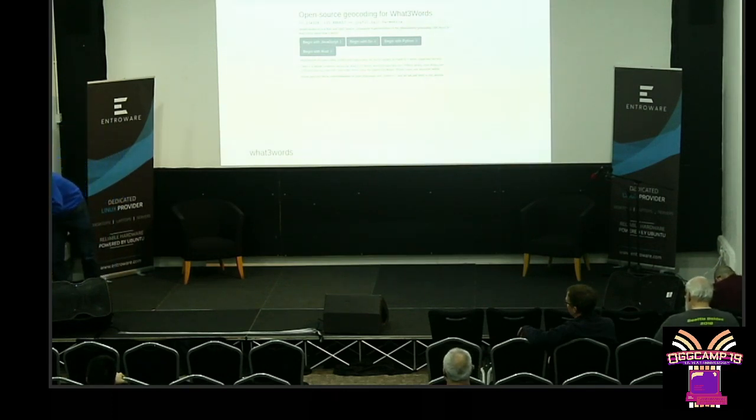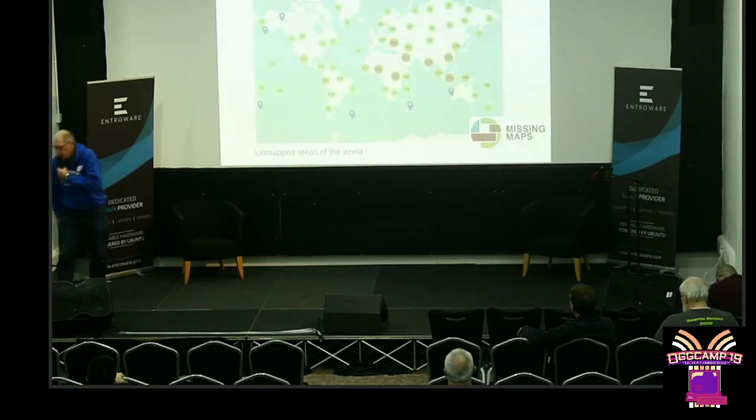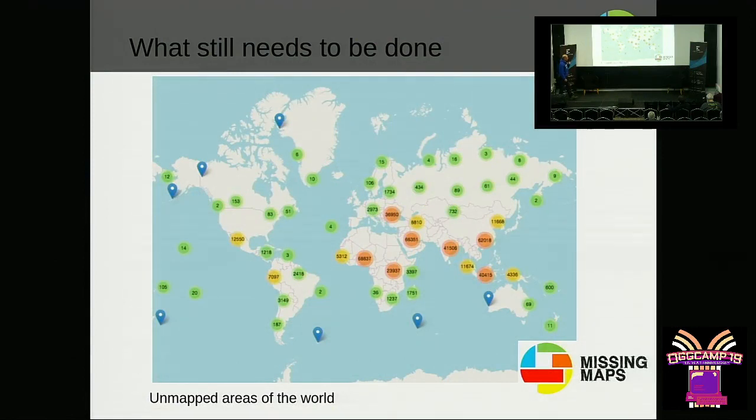Now, this is an interesting map. What this shows is where there are a village or a town name, and surrounding it there are no residential roads. So it's a sort of way of gauging how well mapped that area is.